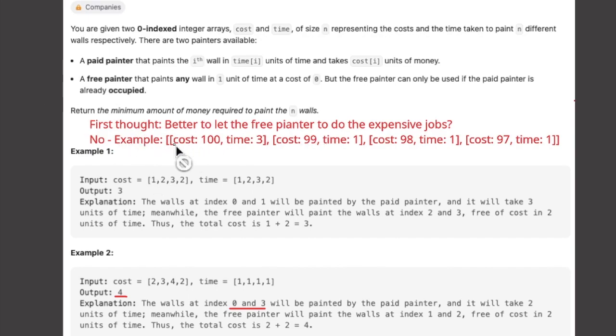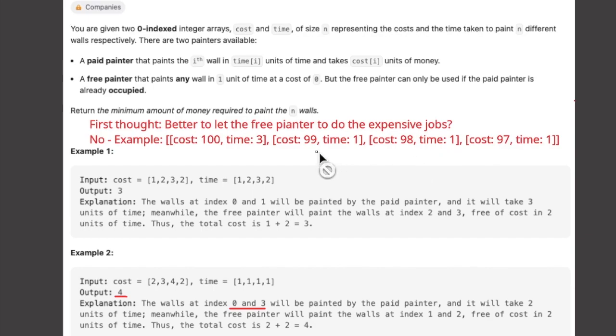We're given an array, which I'm going to assume is walls. There are 4 walls: the first wall with a cost of 100 and time 3, the second wall with a cost of 99 and time 1, the third wall with a cost of 98 and time 1, and a fourth wall with a cost of 97 and time 1 as well.